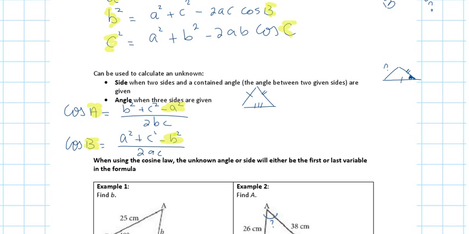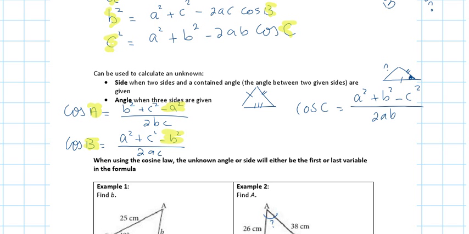So what would it be for cos C? A squared plus b squared minus c squared over 2ab.